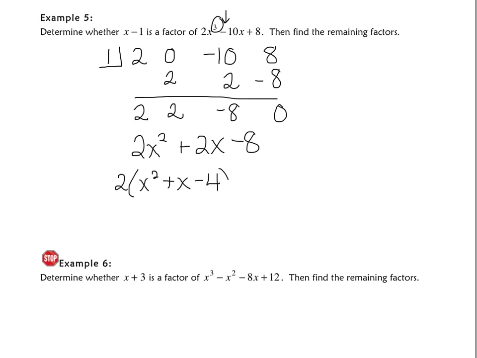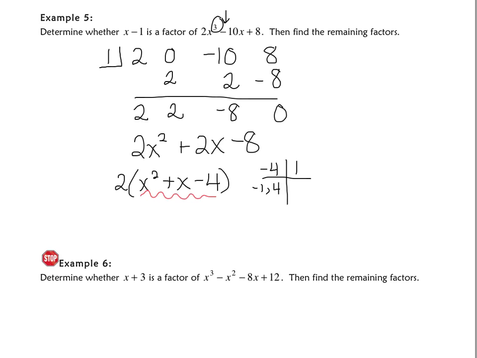minus 4. Now, when you factor, it doesn't mean you're done. We have to check if this trinomial inside here could be factored. So we're going to do factors of a times c, so negative 4, that add up to b, the middle number's coefficient, and that's 1. All right, so factors of negative 4, the first ones are 1 and 4. We would have to make the smaller of the two numbers negative because we want it to add up to be a positive one.